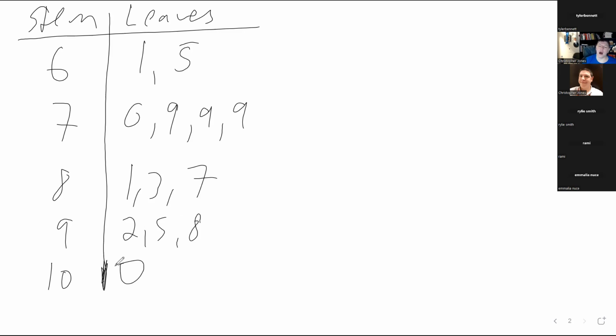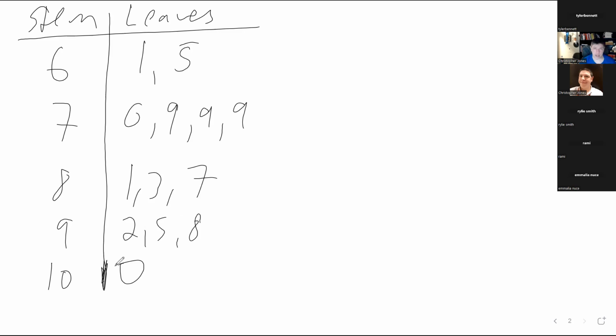Somebody might be thinking, why would I ever want to use this? Well, number one, it's a pretty quick way to see where the majority of the data lies. Number two, if you were to rotate this about 90 degrees, it would turn into a rudimentary histogram. So it's a quicker way to do a histogram.